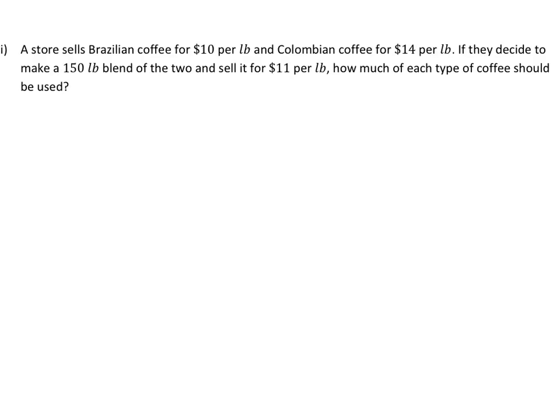Letter I. A store sells Brazilian coffee for $10 per pound and Colombian coffee for $14 per pound. If they decide to make a 150-pound blend of the two and sell it for $11 per pound, how much of each type of coffee should be used? Okay, so we want to know how much of each type of coffee. So we want to know how many pounds of Brazilian and how many pounds of Colombian.